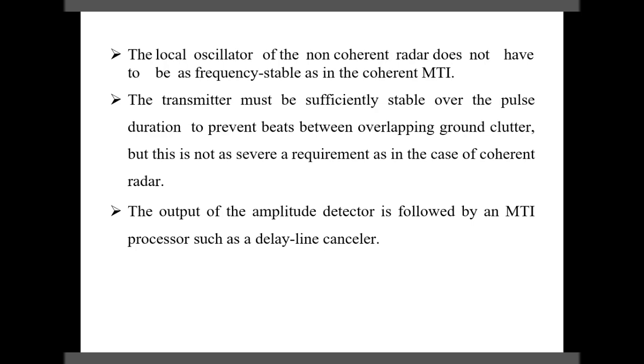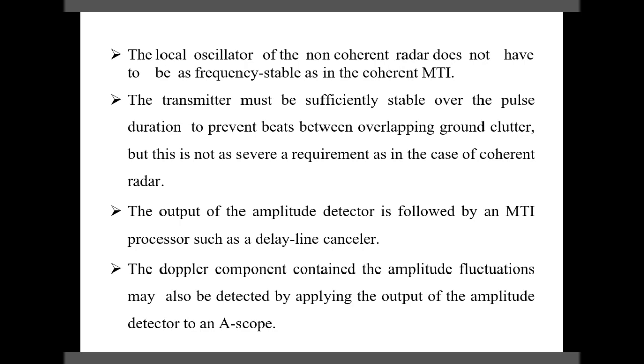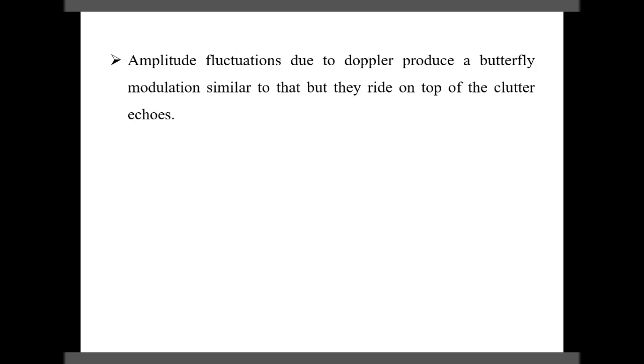The output of an amplitude detector is followed by an MTI processor, such as a delay line canceller. The Doppler component contained in the amplitude fluctuations may be detected by applying the output of the amplitude detector to a delay line canceller.